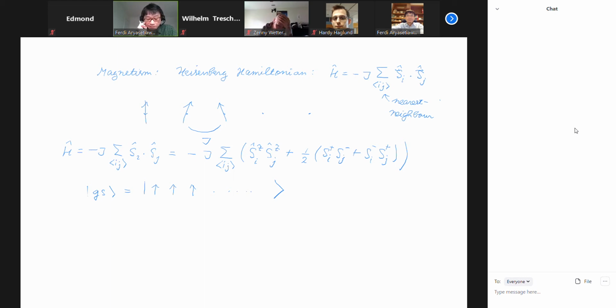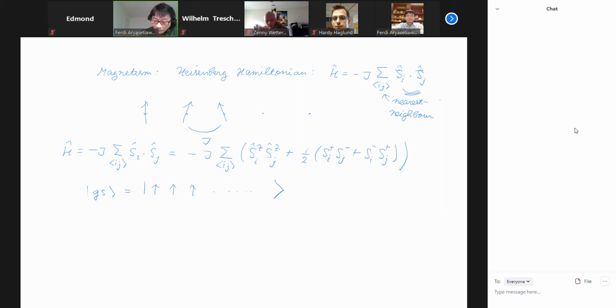What's interesting about this Hamiltonian is that it is a dot product between two spin vectors, so it should be rotationally invariant. If I make a rotation, it should not affect this Hamiltonian because it is a dot product.